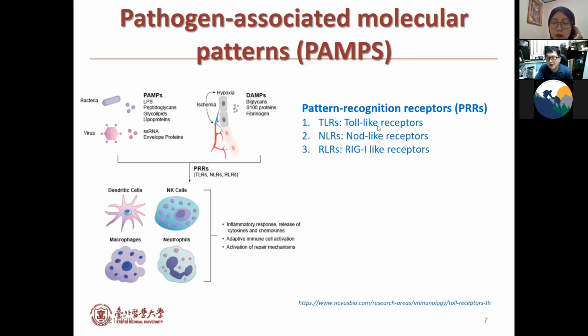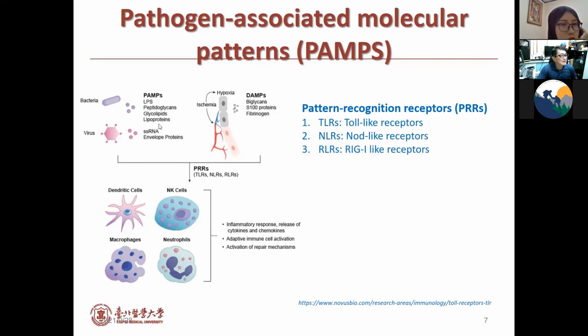For example, macrophages execute phagocytosis to engulf the bacteria, and also release different cytokines or growth factors for healing. So the immune system is not only like a military defense system. It also has a function in the healing process. So don't forget this part.